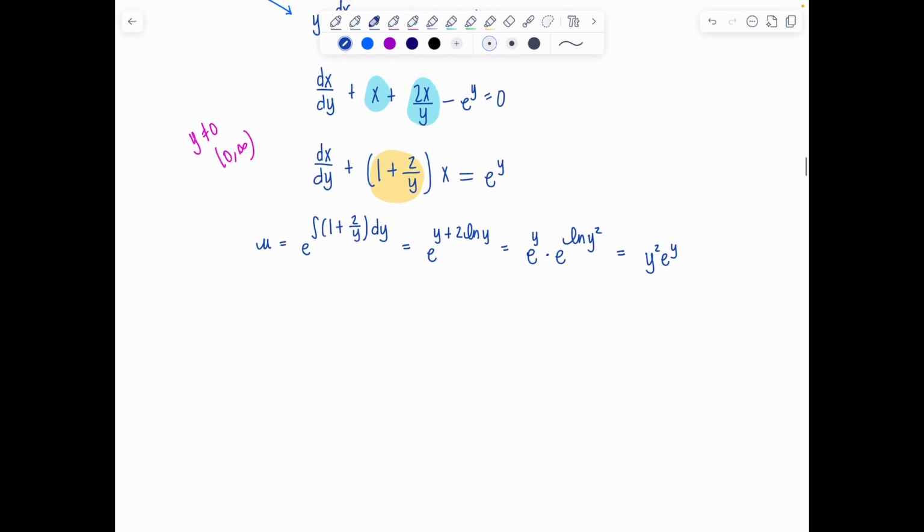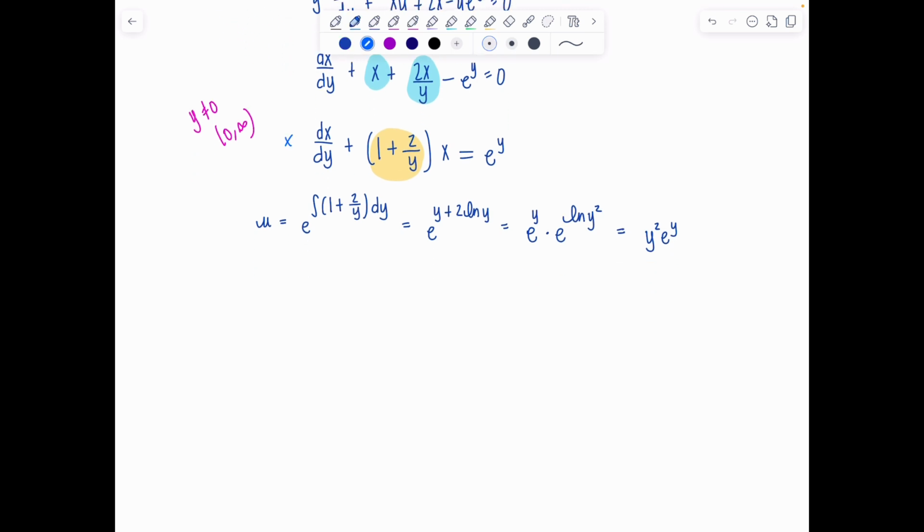Now come through, multiply the differential equation right here by your integrating factor. So now we'll have dx/dy times y squared e to the y plus y squared plus 2y e to the y times x equals y squared e to the y times e to the y, so that'll make it e to the 2y.